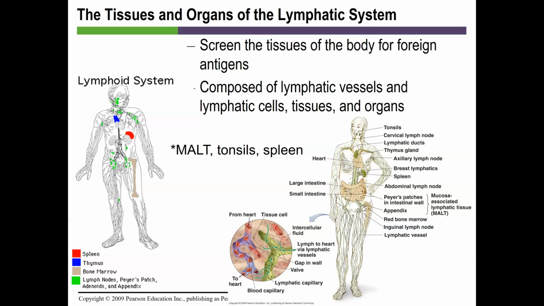MALT stands for mucosal associated lymphoid tissue, and GALT is gastrointestinal associated lymphoid tissue, which is really a subset of MALT. These are areas of congregating white blood cells, not as organized as something like a lymph node, which we'll be looking at in a minute, but they are more like loose congregations of cells that hang out in an area to try to protect us.